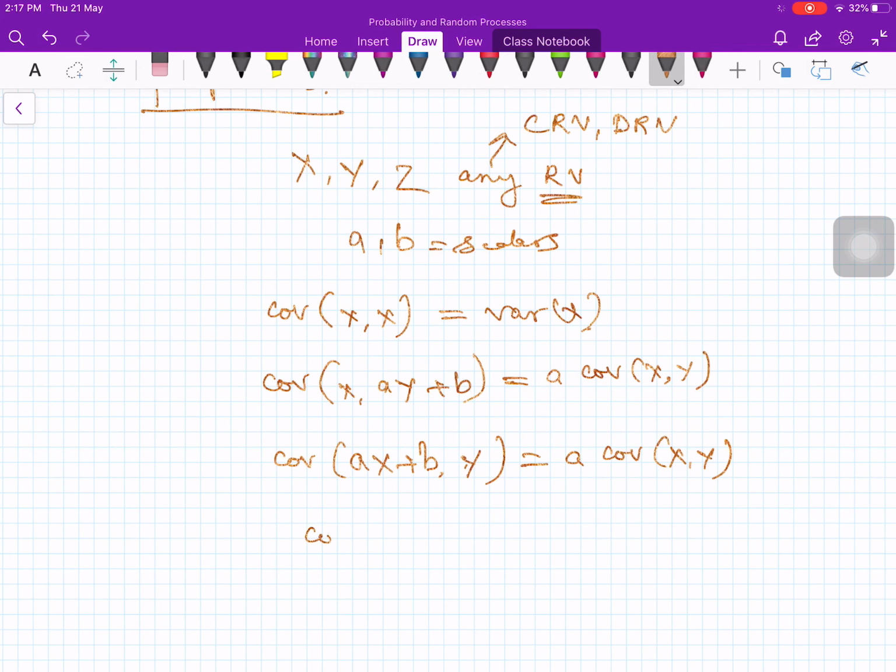Then the linear combination: covariance of x comma y plus z is equal to covariance of x comma y plus covariance of x comma z.